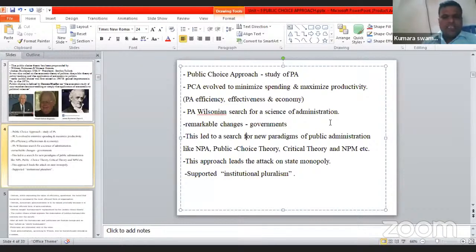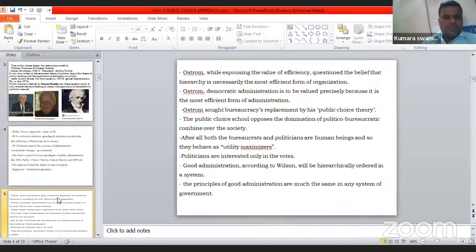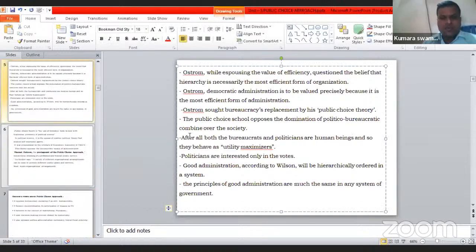In institutional pluralism, they said different organizations have to work. Ostrom, one of the important persons who developed the concept of the public choice approach, says that democratic administration is to be valued because it is the most efficient form of administration.